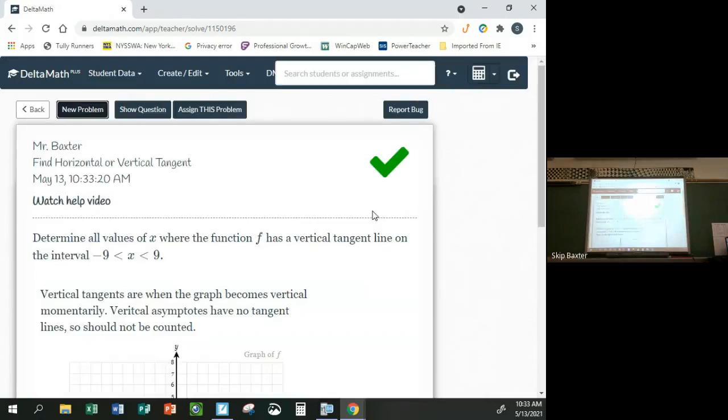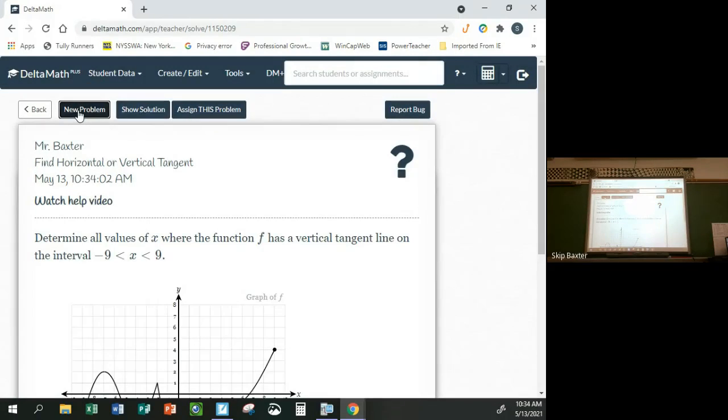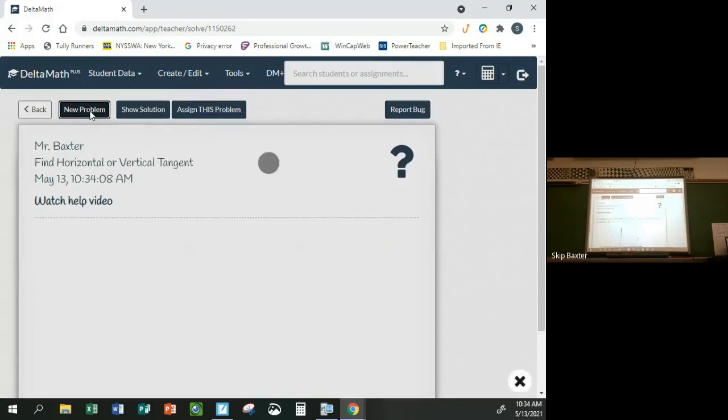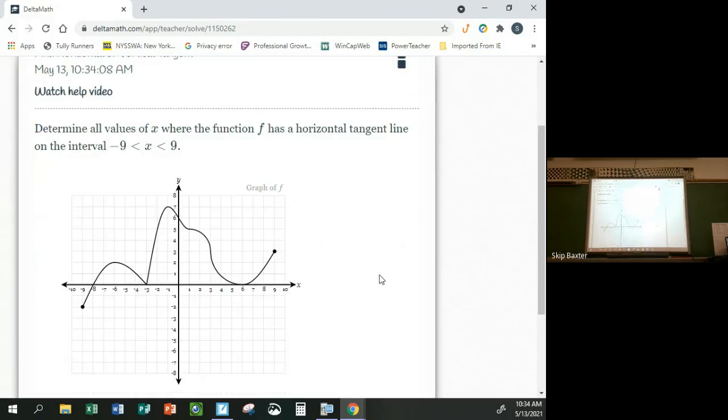Okay. Other questions they might ask, this one's a vertical tangent. In this case, there's also just one. Hang on a second. This one says horizontal. So there might be lots of ones. Like in this case, there's many answers. There's a horizontal tangent here because there's a max. Not here. Here, the derivative is not defined because there's a corner there, right?